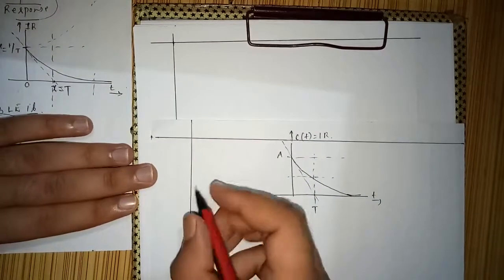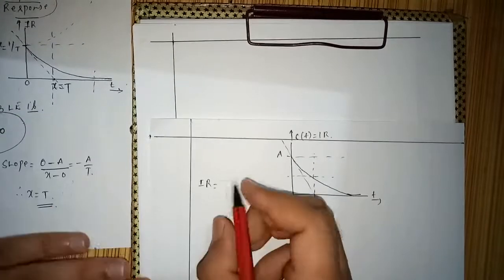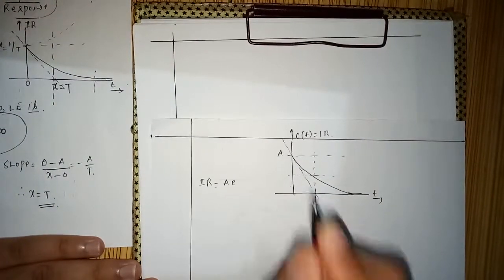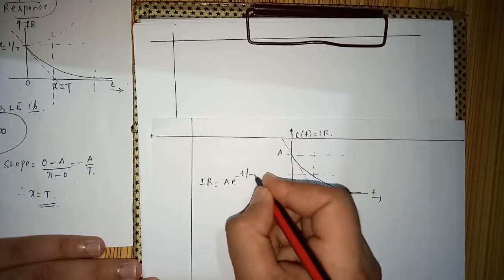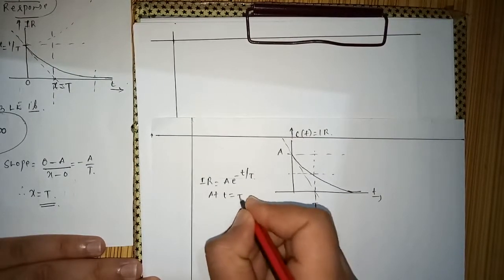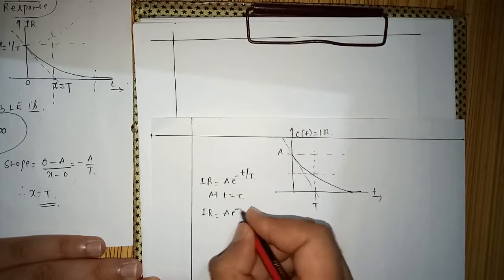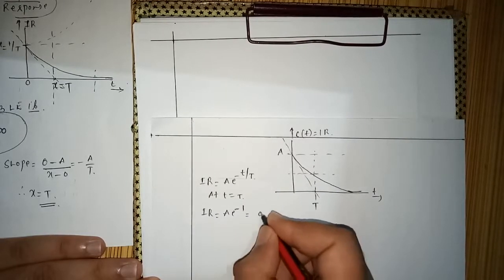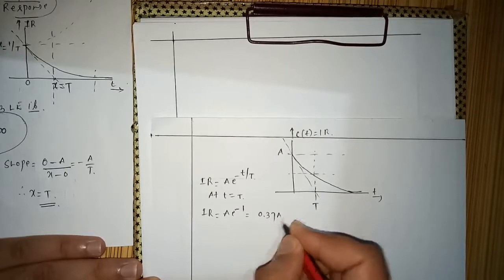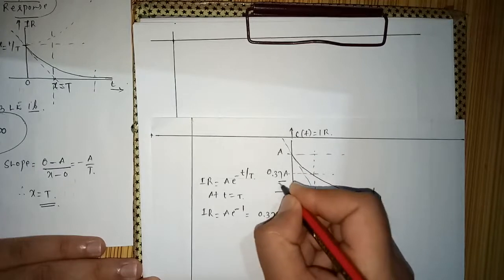Now we have impulse response a e^(-t/T). Put t equal to T, the impulse response will be equal to a times e^(-1), or 0.37a, and 0.37a.